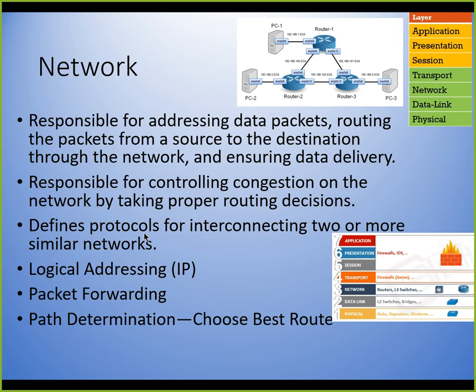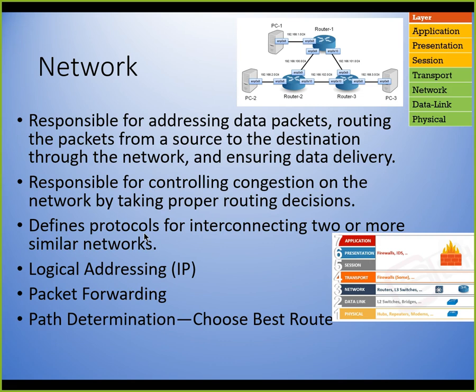It's responsible for routing the packets from a source to a destination through the network and ensuring data delivery. We use another protocol called ARP to determine the IP to MAC address relationship, and then we use the MAC address to do the final delivery of the data.